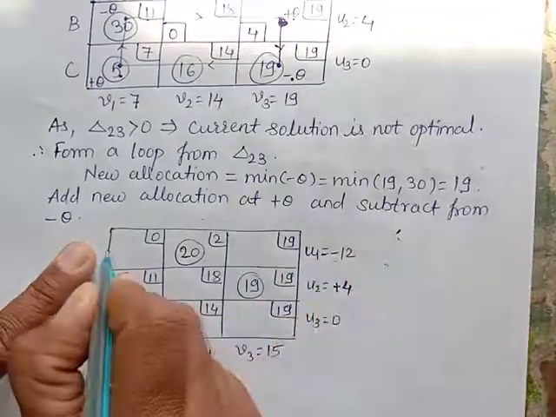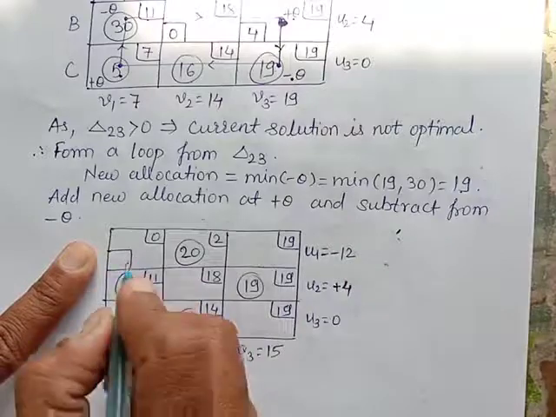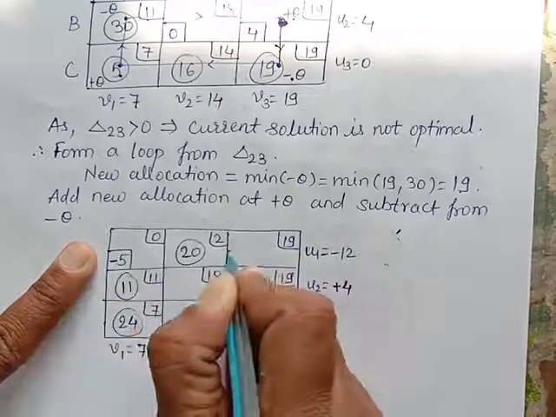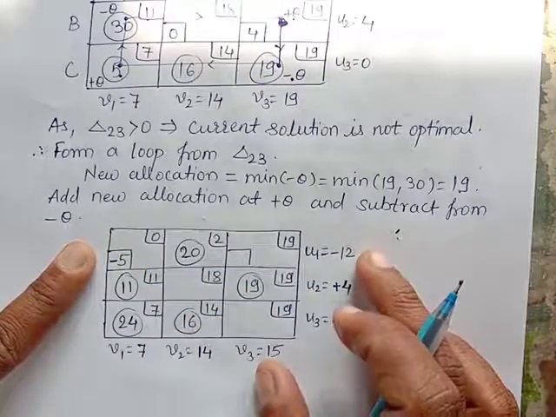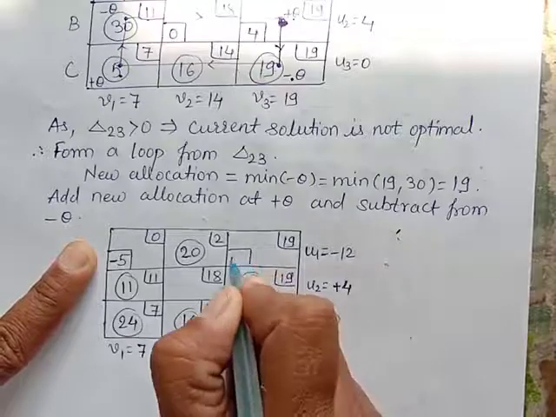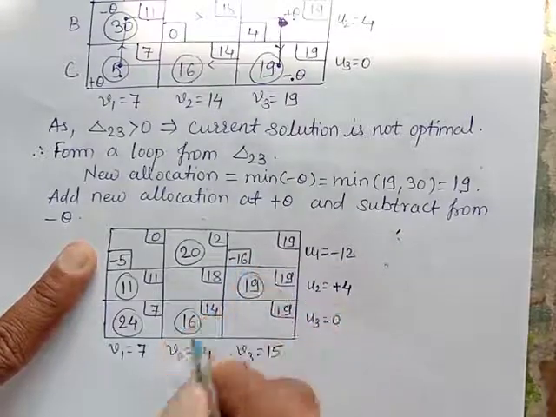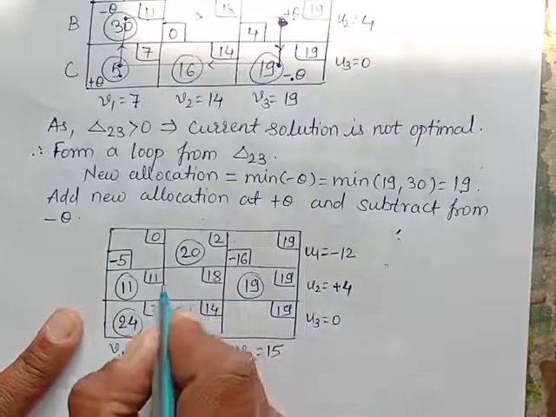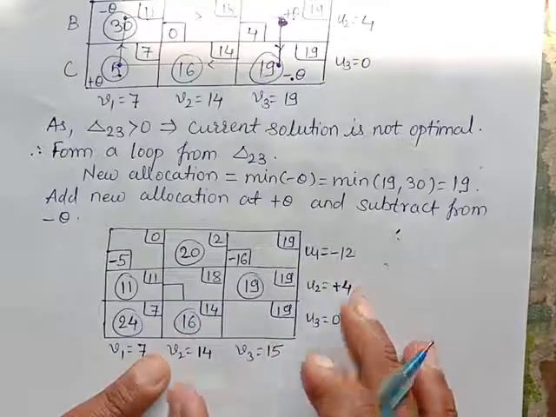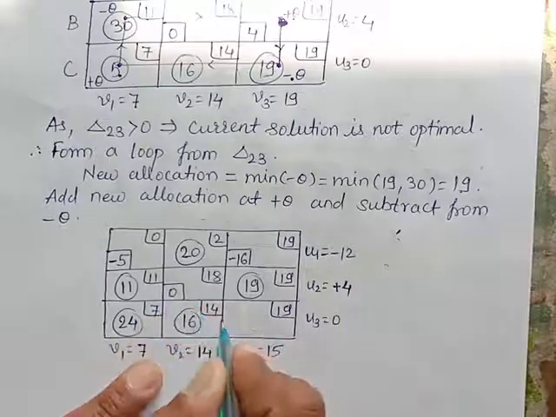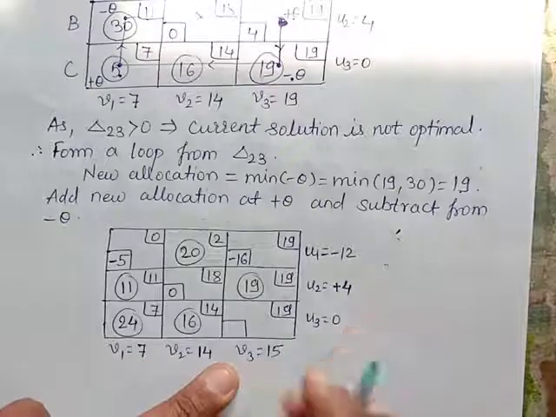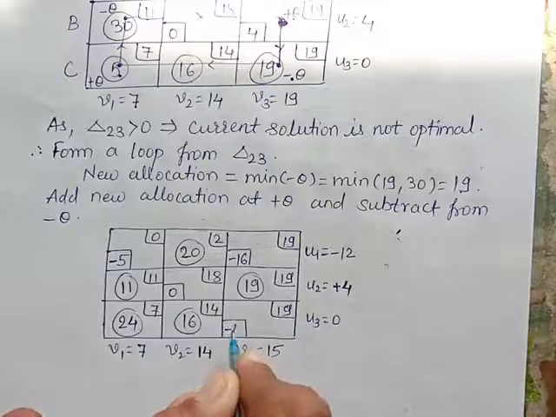Now find out delta ij. Here it will be minus 5 again. What about this? Here 15 minus 12 is 3, minus 19 will be minus 16. Here this is 18 minus 18, so 0. So it has an alternate solution. This is 15 minus 19, so minus 4.